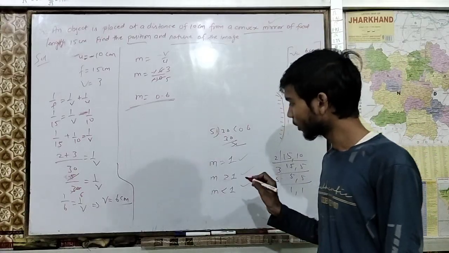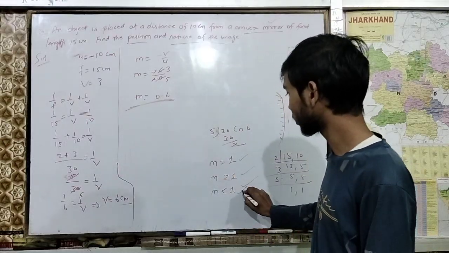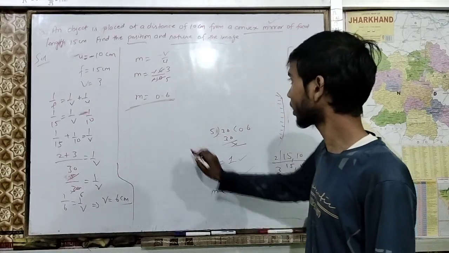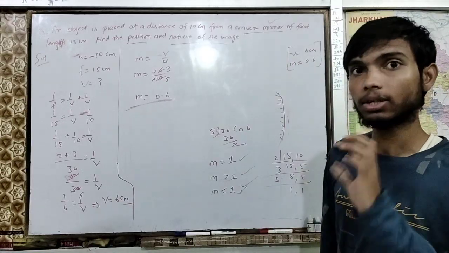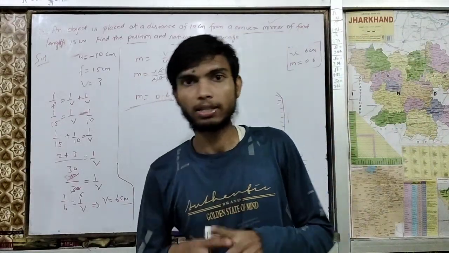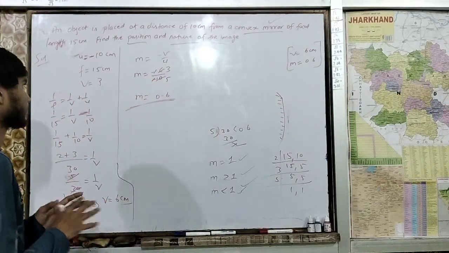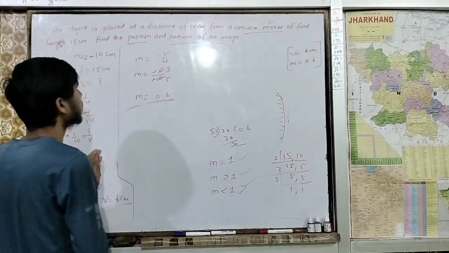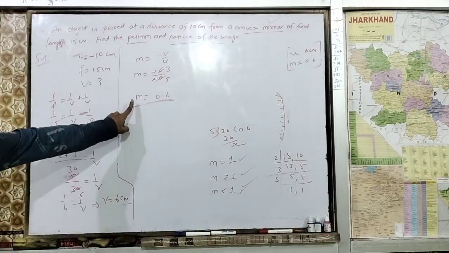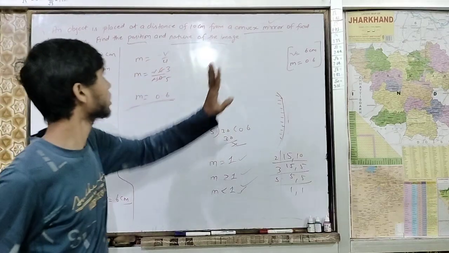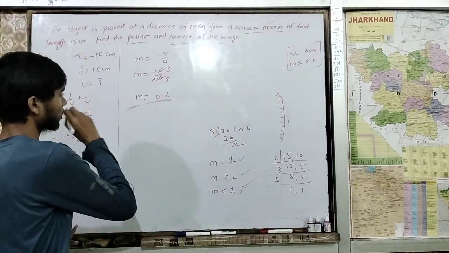Which one are we getting here? Here m is less than 1. It means the size of the image is diminished. Not highly diminished, but it is diminished. Clear? So the position of the image we have got, and let's see the nature of the image.